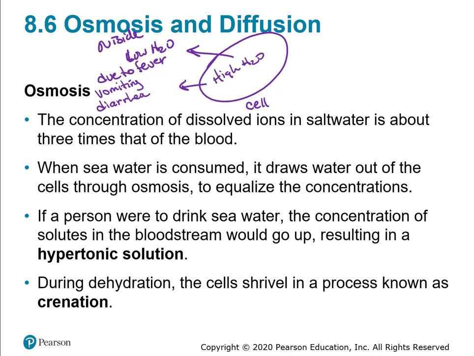Remember, this is the potato that you put in the high salt solution, the one that got kind of brownish and really bendy. You could squish it, it was real spongy feeling. Same thing can happen to a cell. This consistently happens in dehydration.